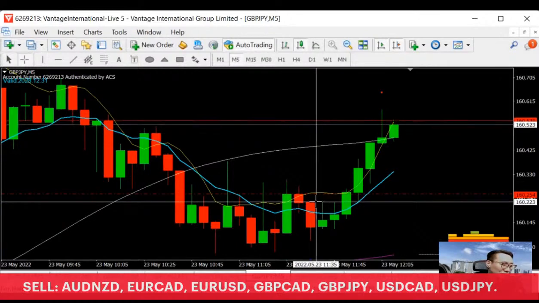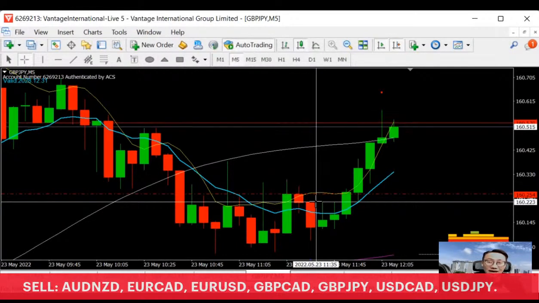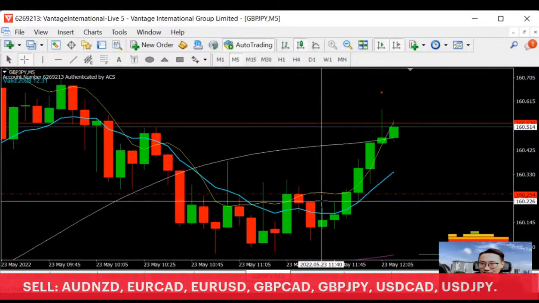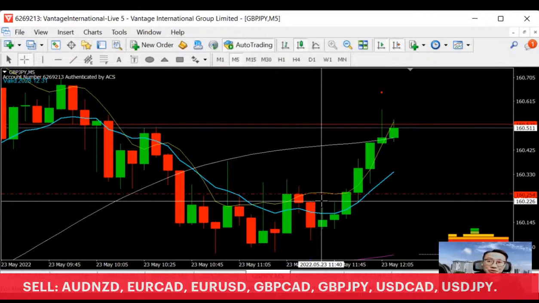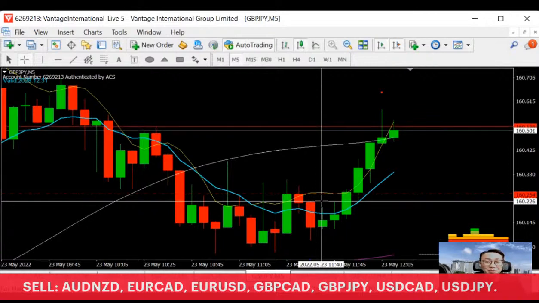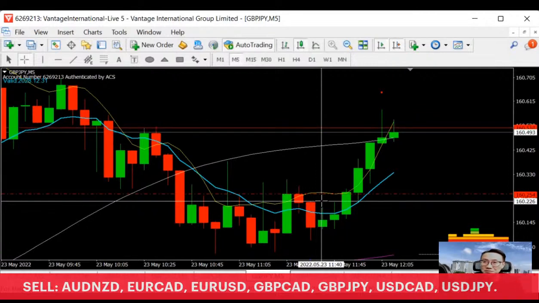because taking into consideration, my entry is over here. The situation for this pair is actually a retracement. So I'm trading a retracement and I only want 5 pips. Let's say I'm only taking 5 pips.